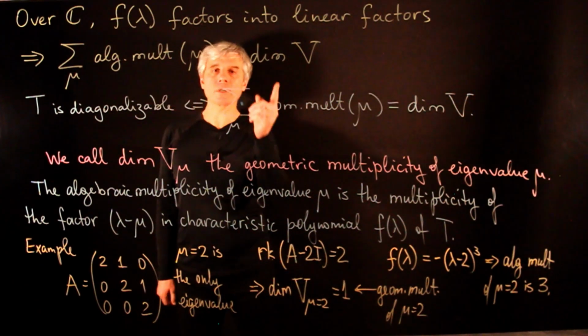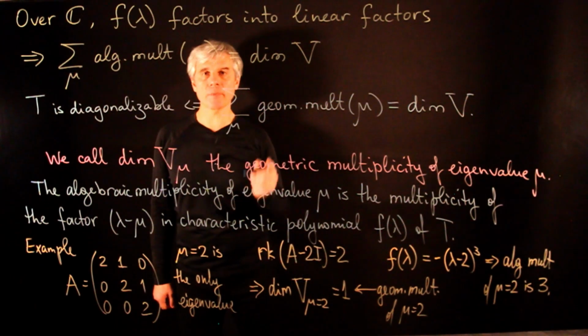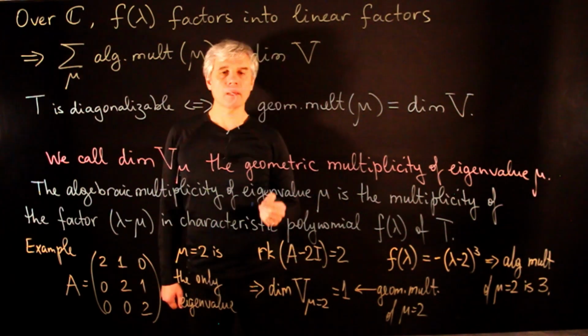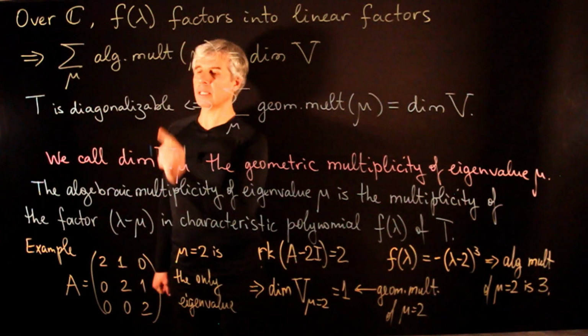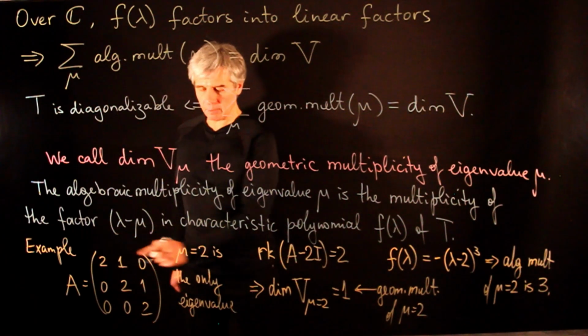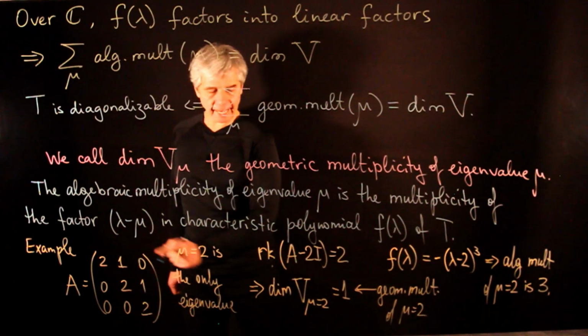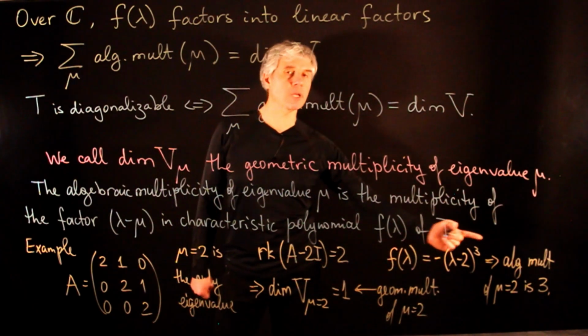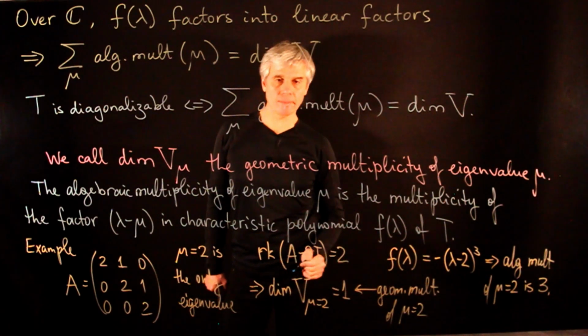Whereas the first equality always holds over complex numbers, the second equality doesn't always hold, and not every operator is diagonalizable over complex numbers. And as we see from this example, we could have that geometric multiplicity is strictly lower than the algebraic multiplicity of an eigenvalue.